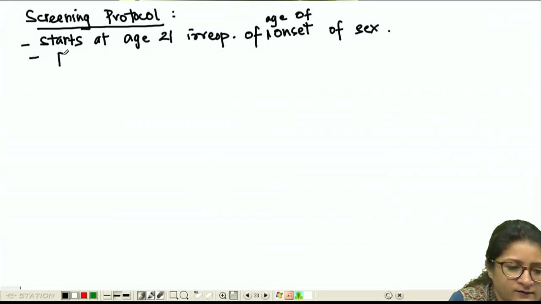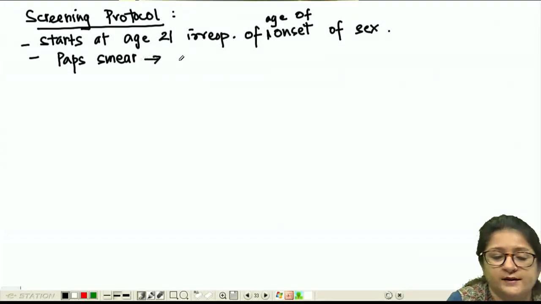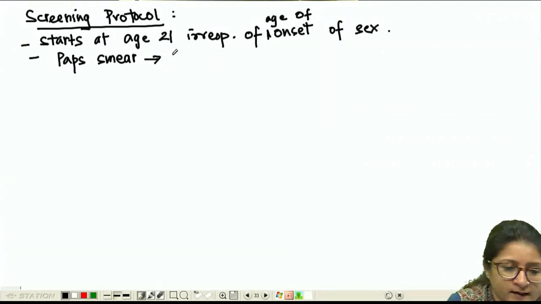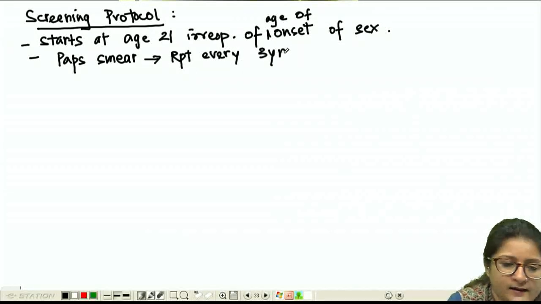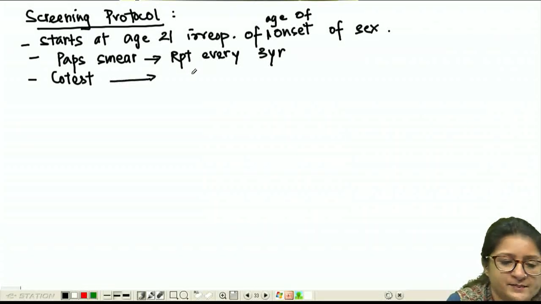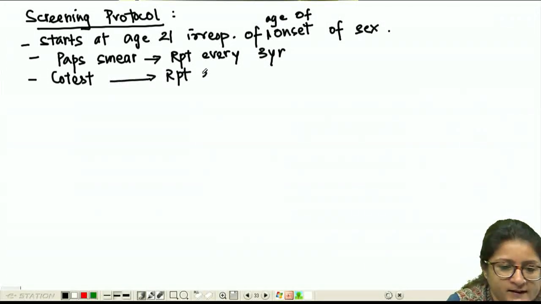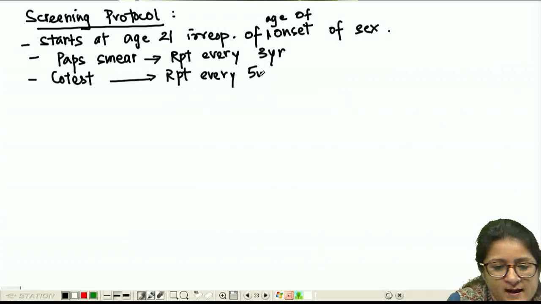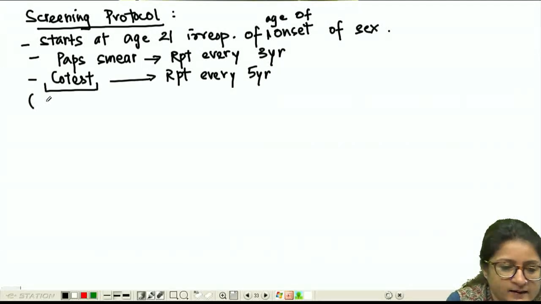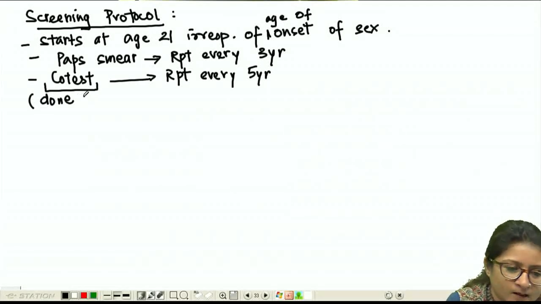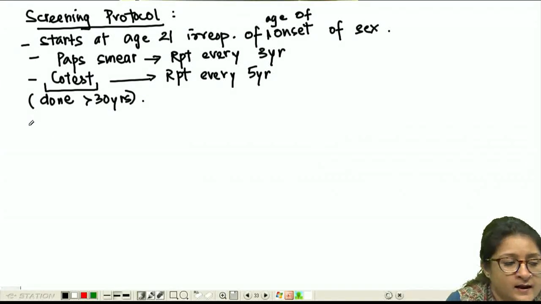Second, when we use pap smear, it doesn't matter whether we use liquid based or conventional, the interval is repeat every 3 years. And when we use the co-test, HPV plus pap smear, then we repeat every 5 years, and co-test can be done when the age is more than 30 years.